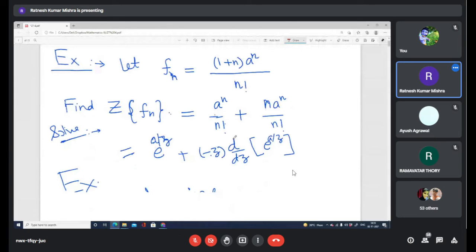Actually, what this is: 3 power n, 3 power n minus 1, 3 power n minus 2, 3 power n minus 3, plus 3 power n minus r, plus 3 power n minus n, that is 1. Okay, so this is definitely a GP.